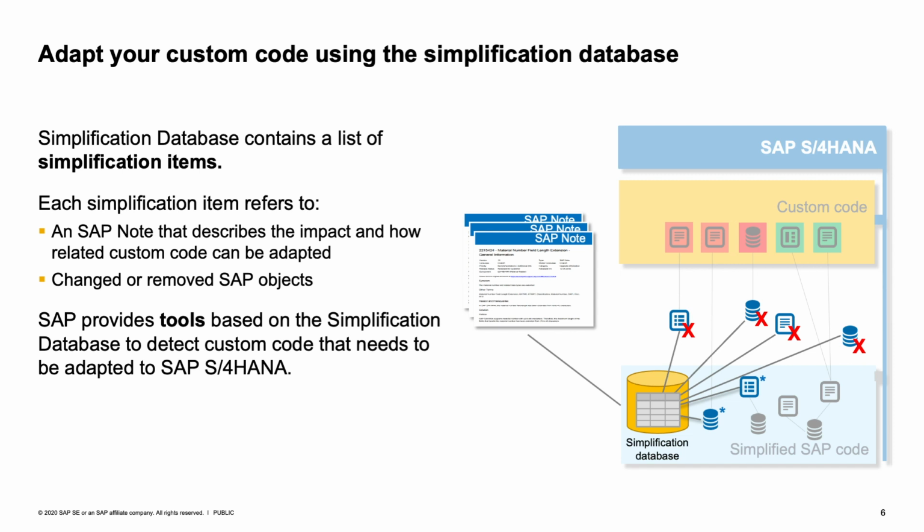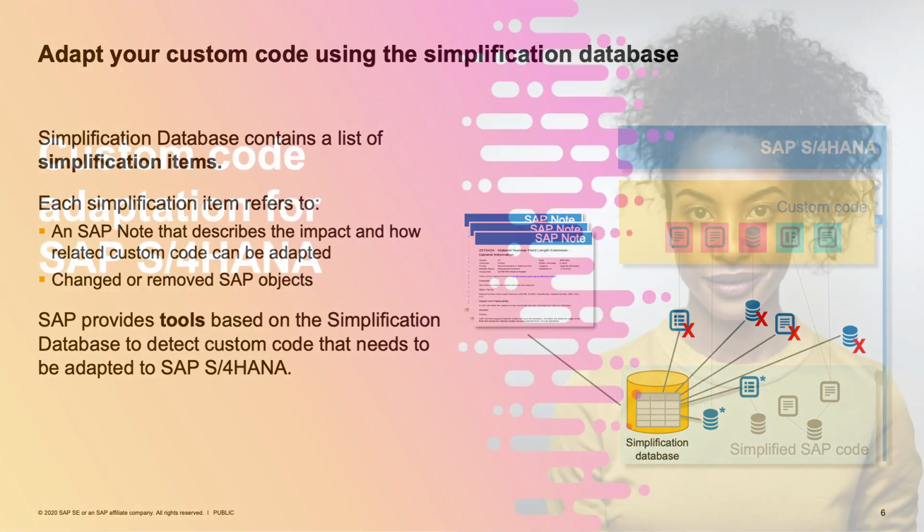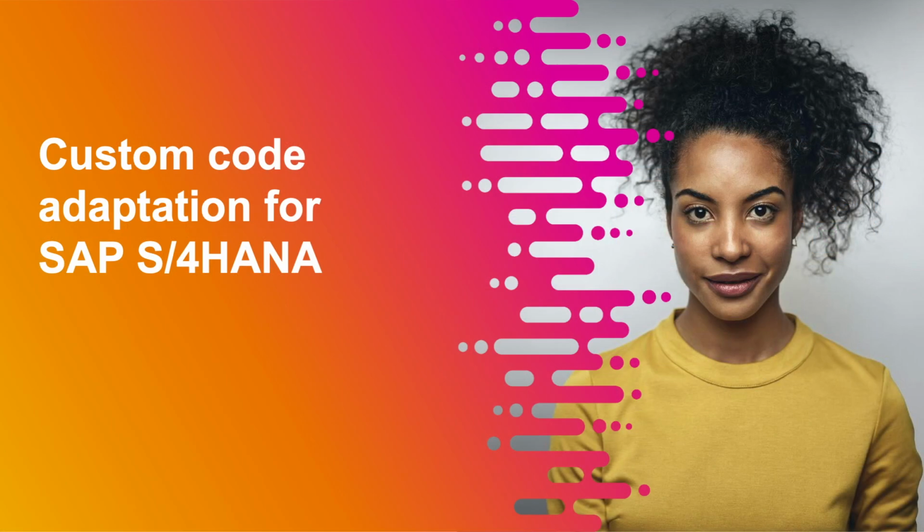Each simplification item refers to the corresponding change in the SAP standard code and also describes the impact and provides guidance via the corresponding SAP Note on how your custom code can be adapted to this particular change. And we as SAP also provide tools based on the simplification database, which help to analyze your custom code and find the custom code parts which need to be adapted to SAP S/4HANA.